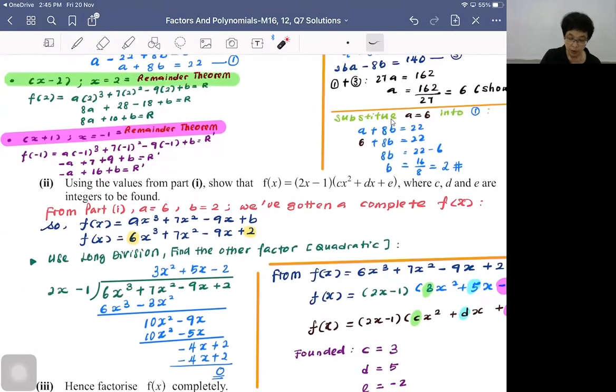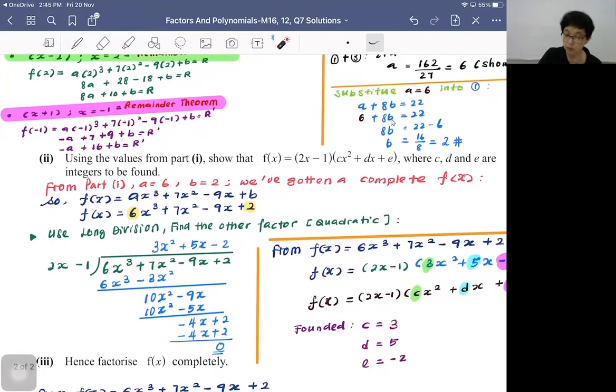Therefore, f(x) equals 6x cubed plus 7x squared minus 9x plus 2. Now, in order to find the quadratic, we know that when we multiply this quadratic with this factor, it equals f(x).